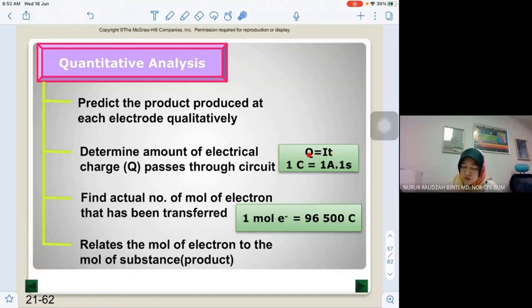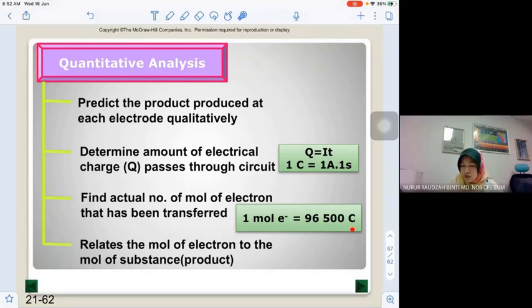So our Q will be greater because it is directly proportional to the time and also to the current applied. So that is on the charge. Then next, we have to know that for every 1 mole of electron that is transferred, it is 96,500 coulombs of charge that is flowing.